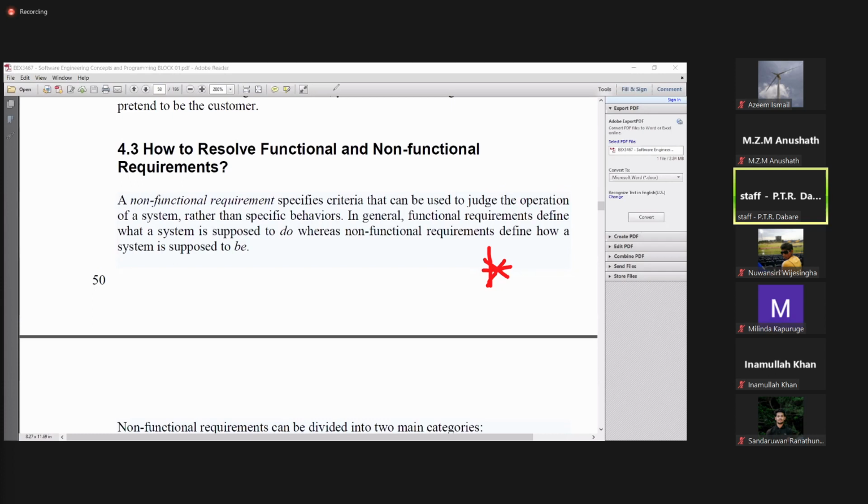Is the system supposed to run in any browser, or only in Google Chrome? Things like that. So read the book and try to understand this.